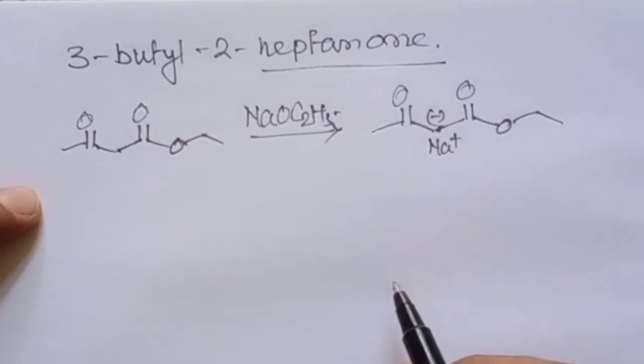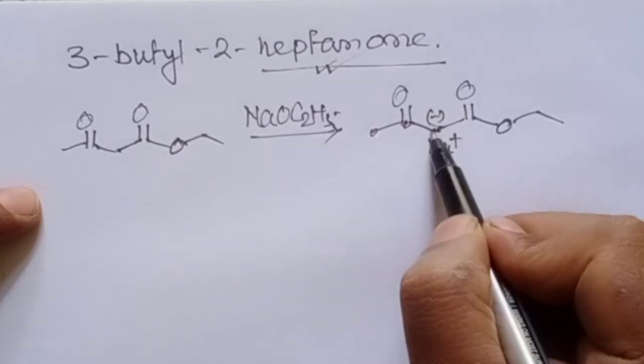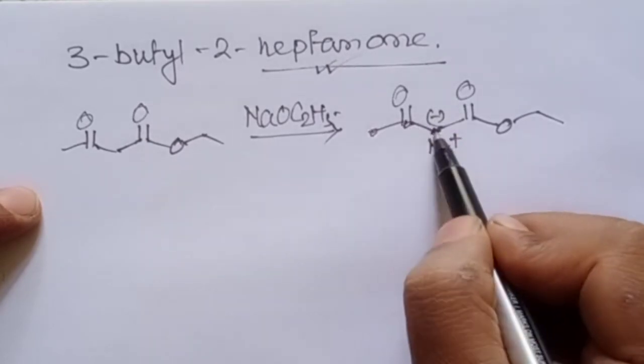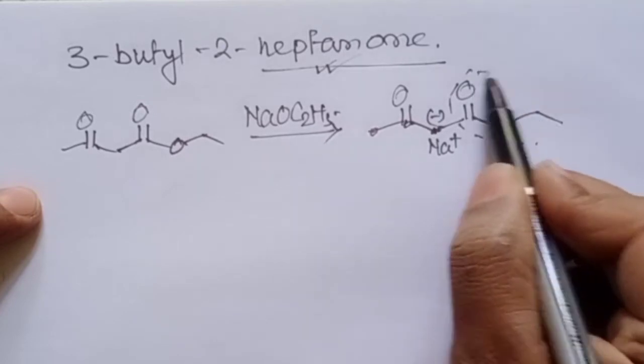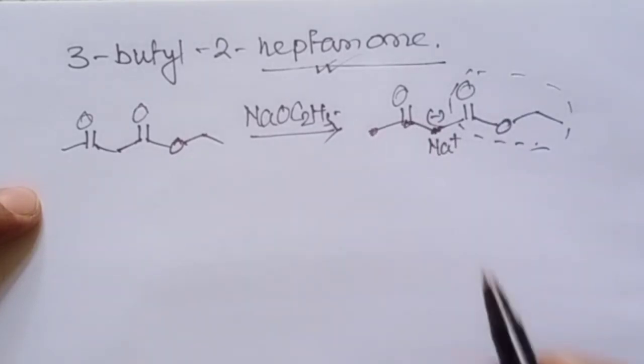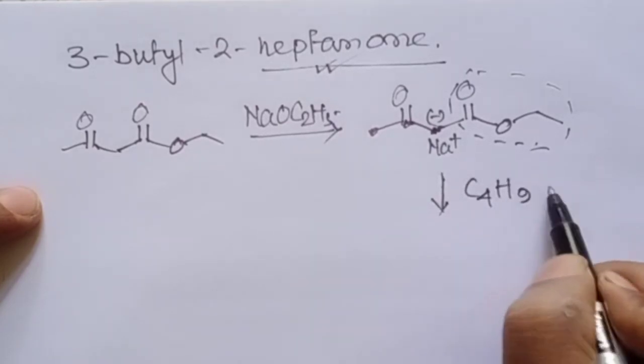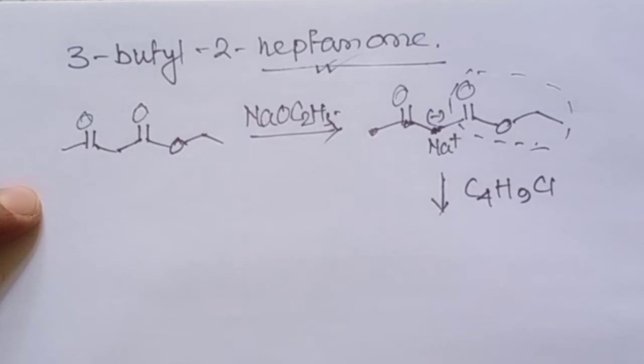Since it is heptanone, 1, 2, 3, so only 3 will be there. Don't consider the ester part. So 1, 2, 3, remaining 4. So that's why I will place an alkyl halide having 4 carbon atoms, which is butyl chloride.